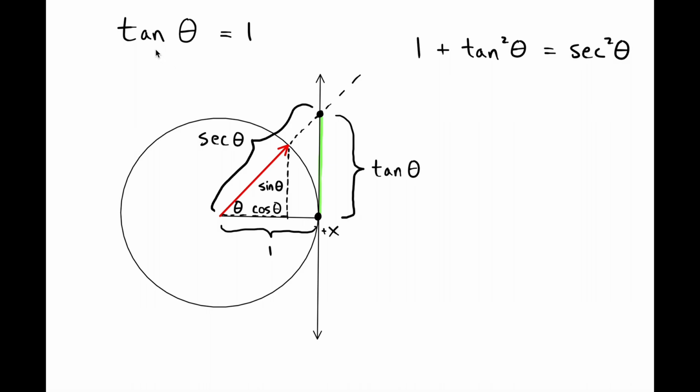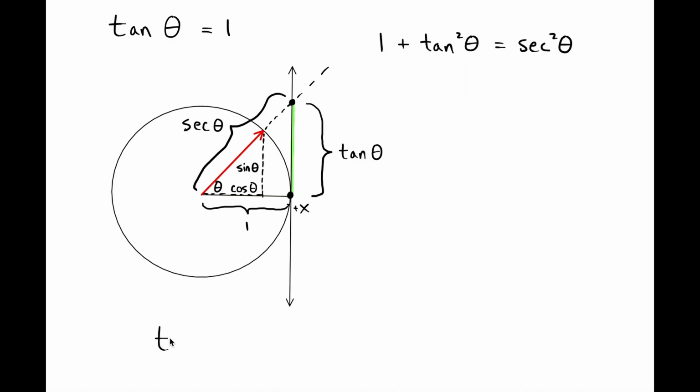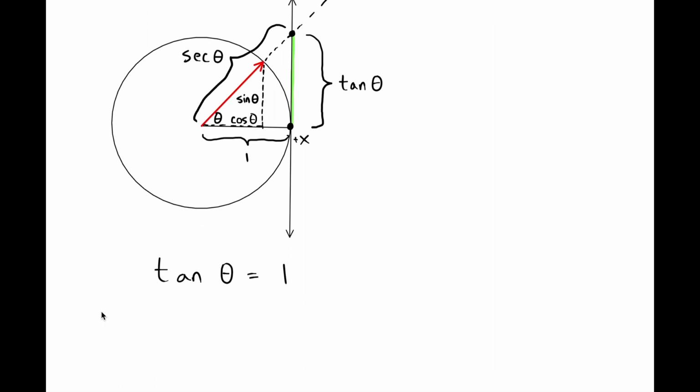Now I'm going to try to solve the equation tan theta equals 1 by taking an arctan or inverse tan of both sides of the equation. I'll do this by writing tan inverse of tan theta equals tan inverse of 1.